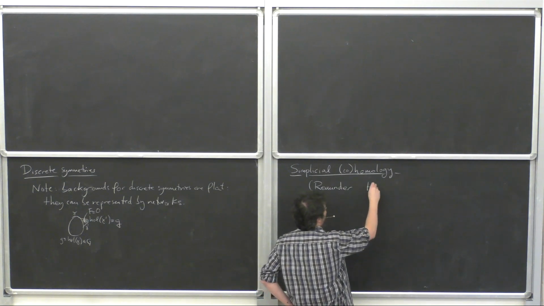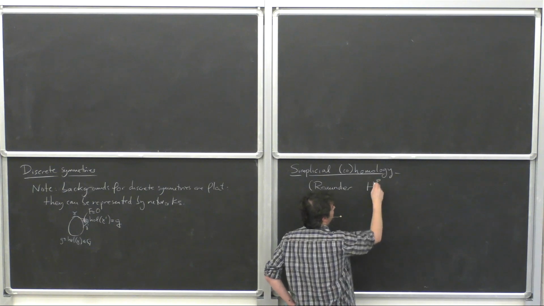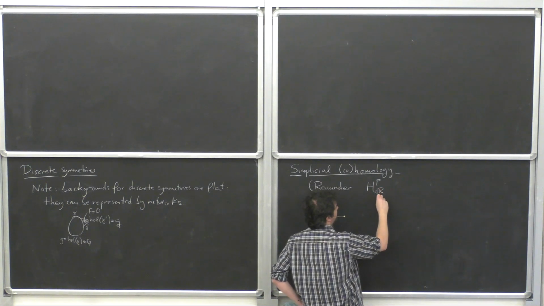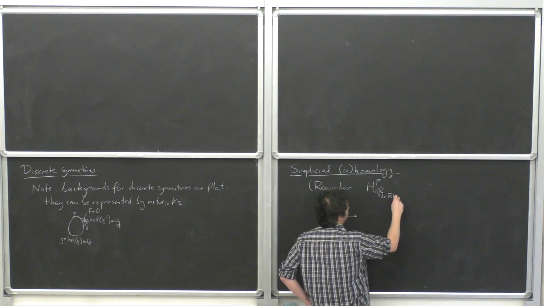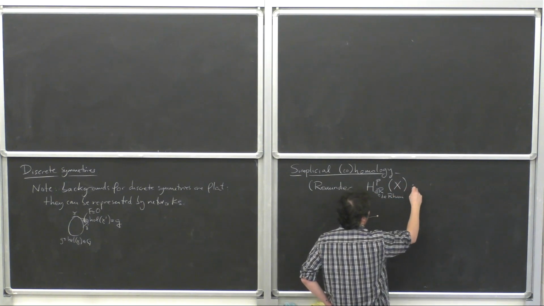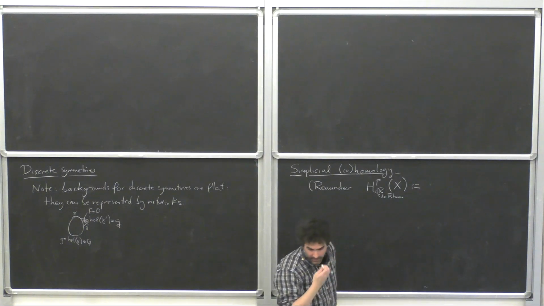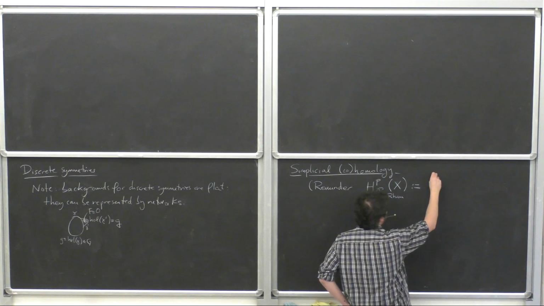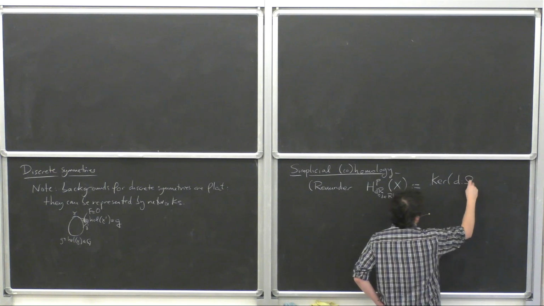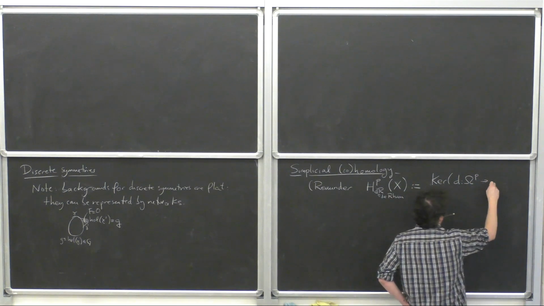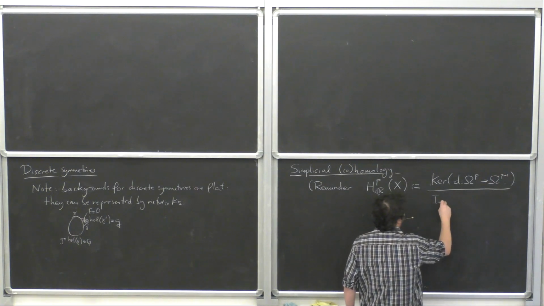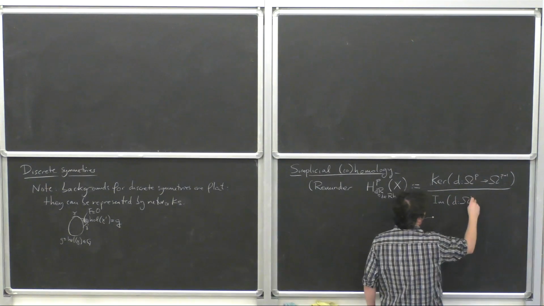So once you know differential forms, and differential forms we know, you can construct the de Rham cohomology group of a manifold X, which is defined to be the forms which are closed, right? That's the kernel of d acting on p-forms, divided by those that are exact. I can write that as the image of d acting on (p-1)-forms.